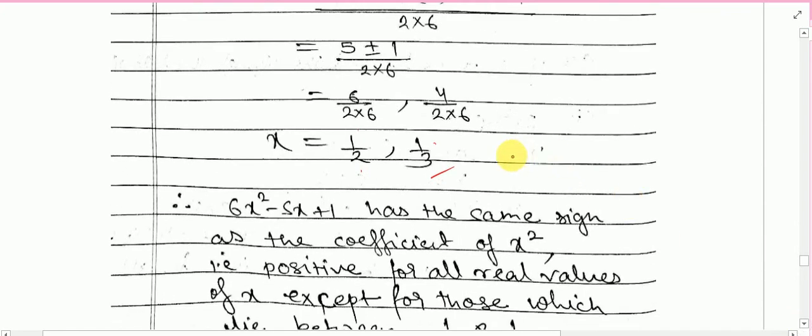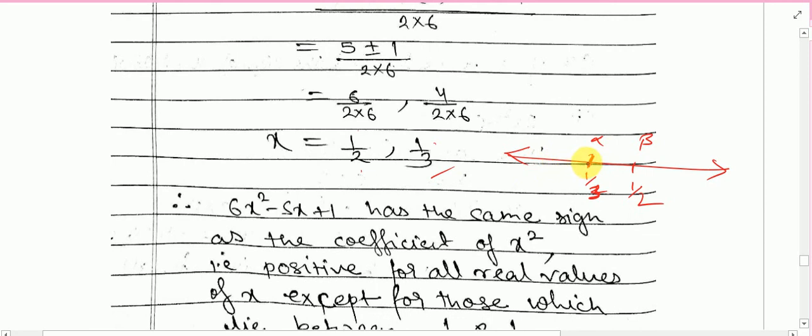So this is the real number line. Let's say this is 1 by 3 and this is 1 by 2. 1 by 3 is less than 1 by 2, so let's say this is alpha and this is beta.